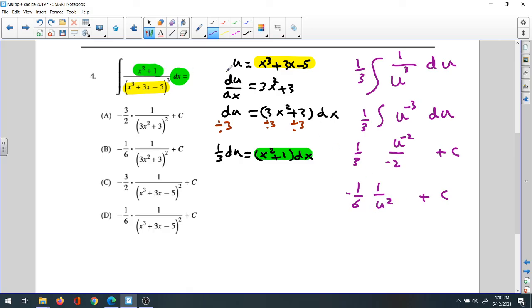So we replace back the value of u, which is x to the third plus 3x minus 5, squared. Plus constant. And we have negative 1/6 standing outside. As you see, the correct answer for that is D.